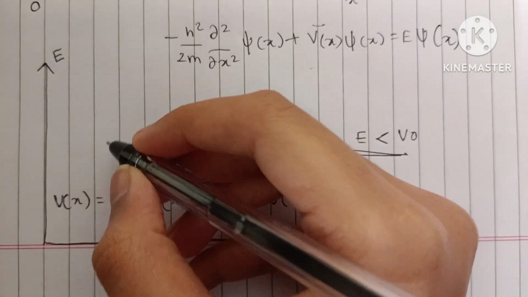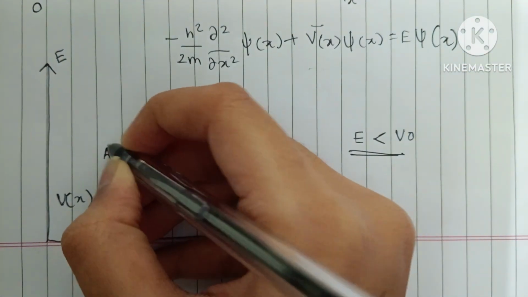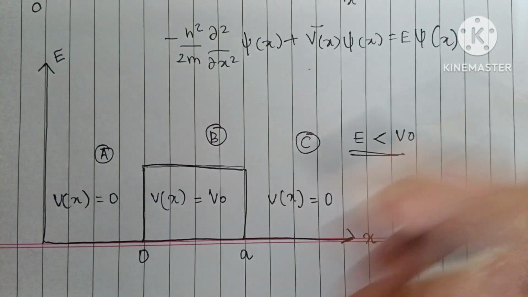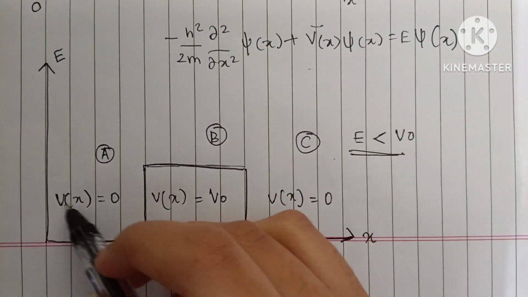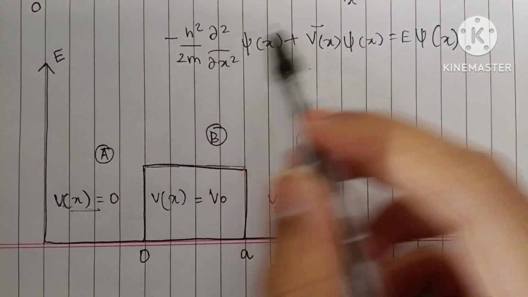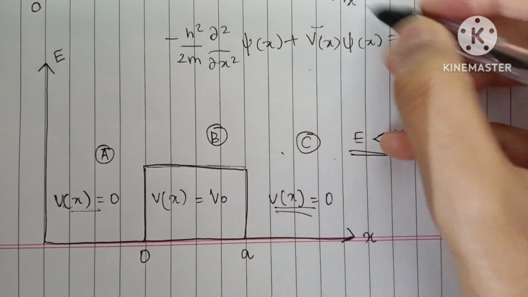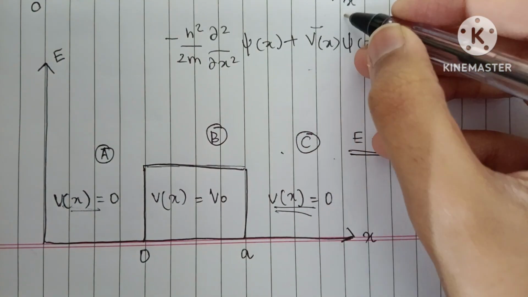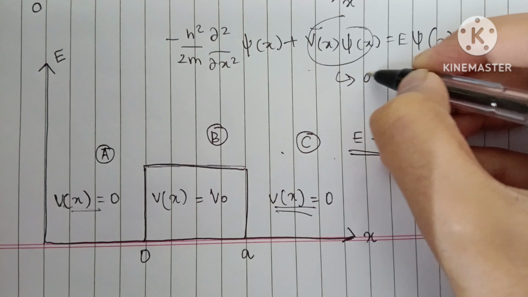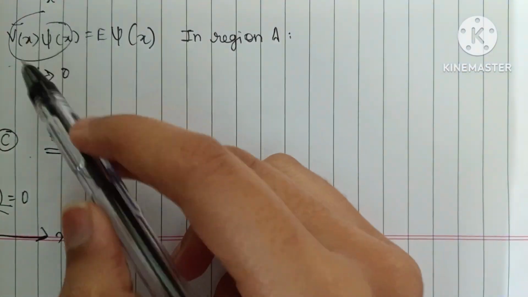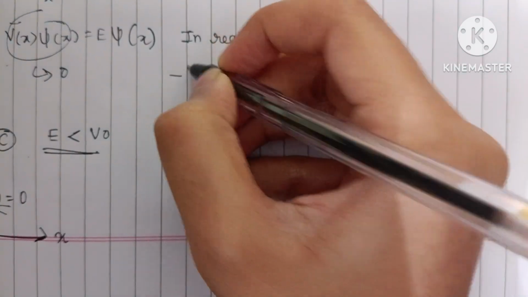Let us name these regions A, B, and C. In regions A and C, V of x is equal to 0. So for these two regions, this equation will change and we will make this term 0. In region A, after changing that term to 0, we will get this.